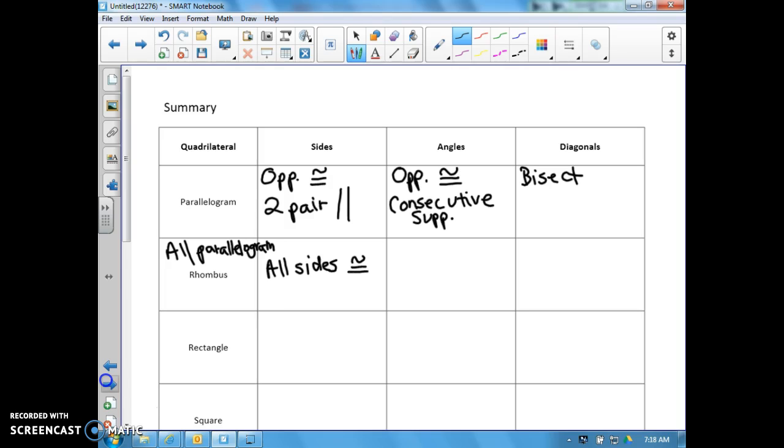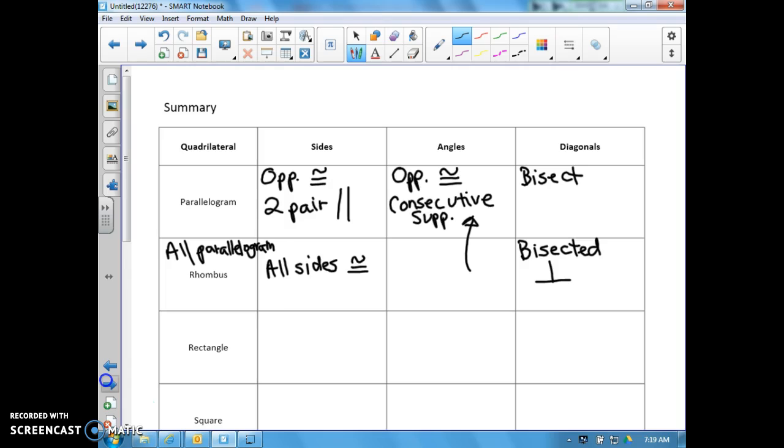Okay? And there's really nothing special about the angles in a rhombus other than what's already true for parallelograms. The diagonals, on the other hand, not only are bisected like they were before, they are also perpendicular to each other.